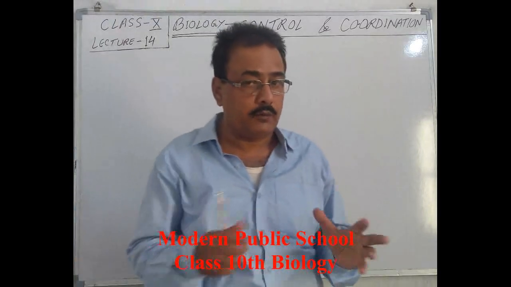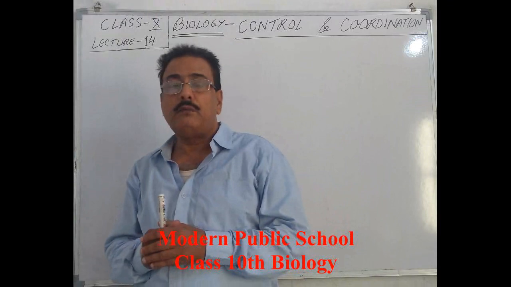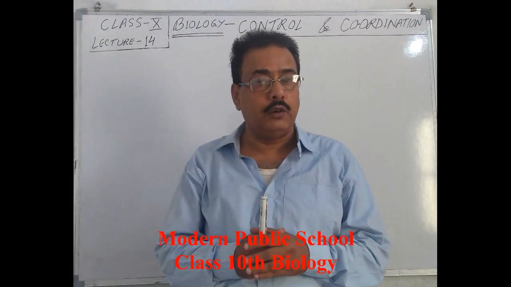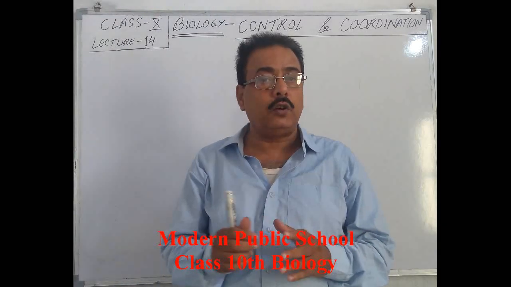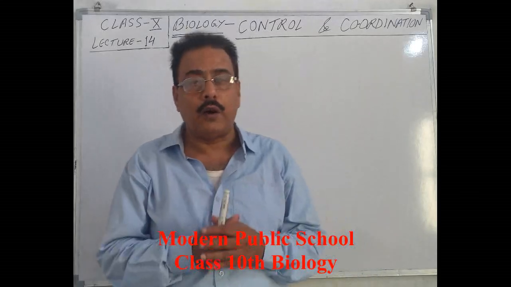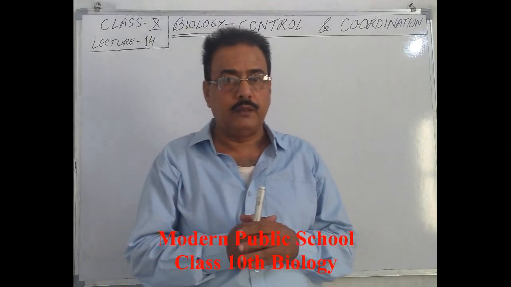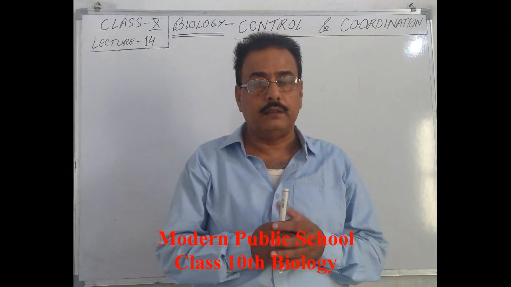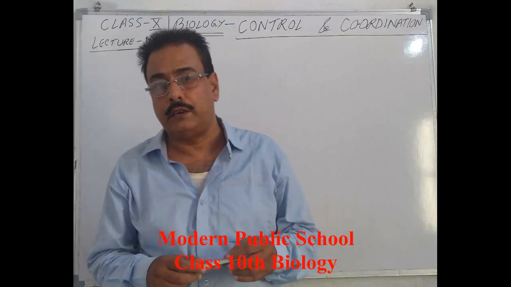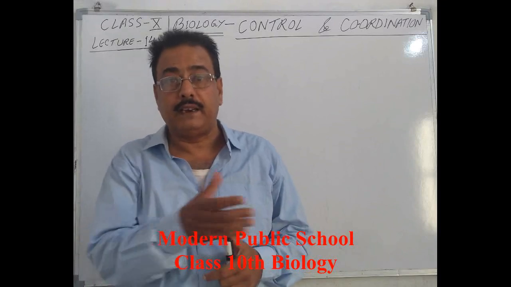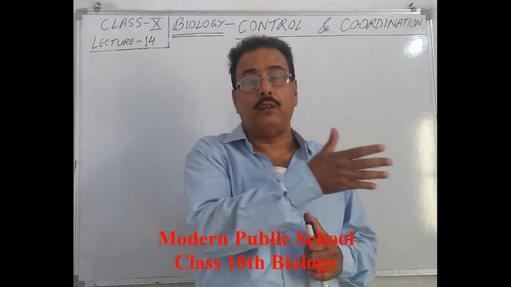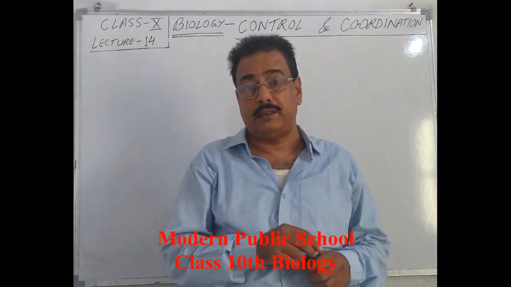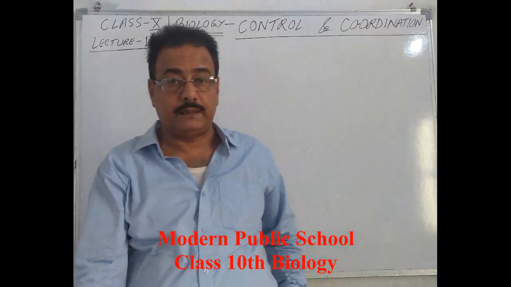And some movements are involuntary, which are not under the control of our will. Those are involuntary movements, like peristaltic movement, which we have already discussed in the previous chapter on life processes.